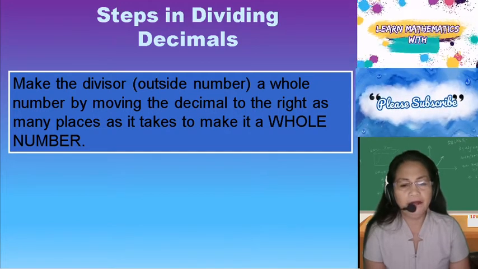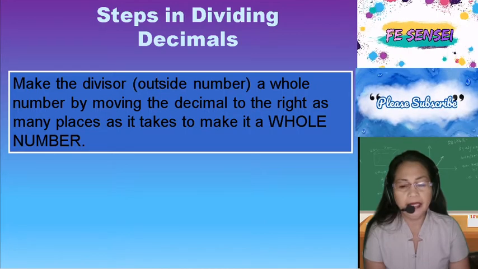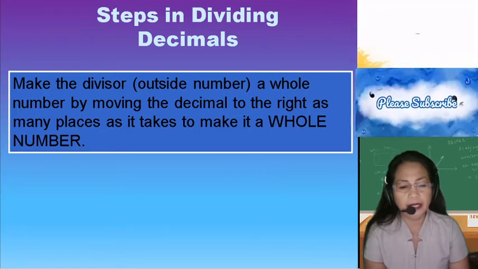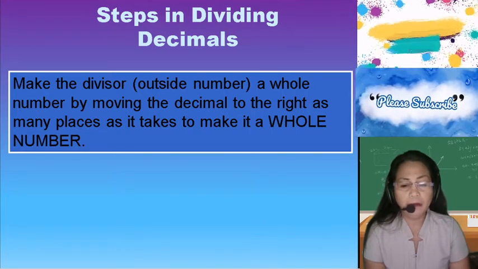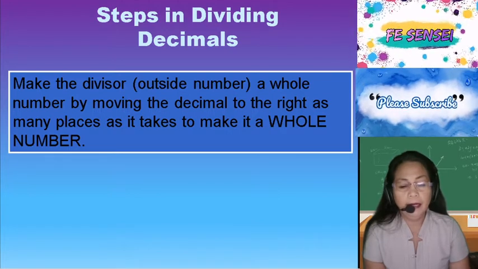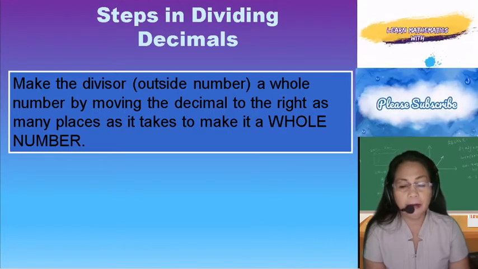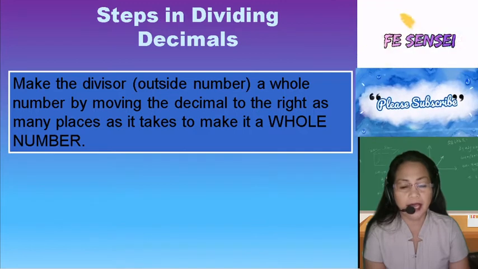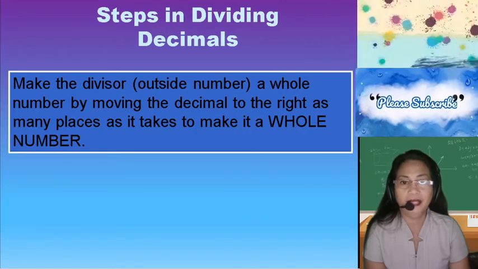The steps in dividing decimals. Make the divisor or the outside number a whole number by moving the decimal to the right as many places as it takes to make it a whole number.